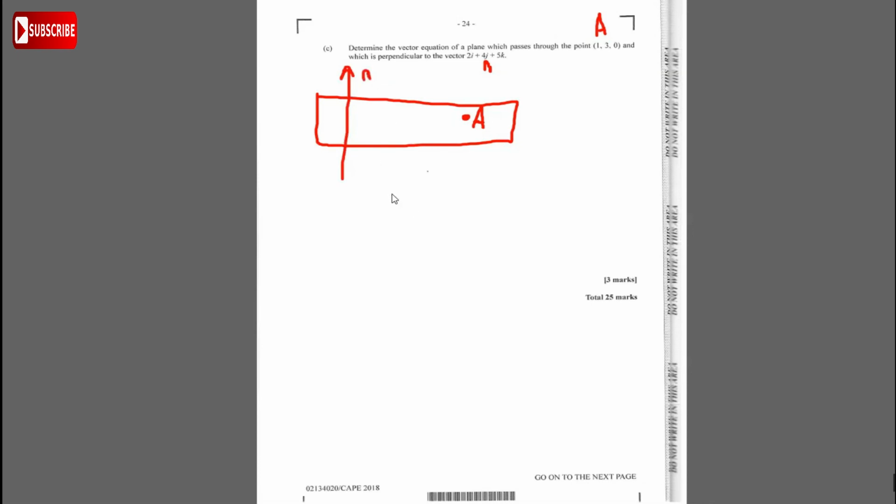And so what that means is R dot N is equal to A dot N, where N is the normal to the plane. N is 2, 4, 5. So it's R dot 2, 4, 5, equal to A dot N.